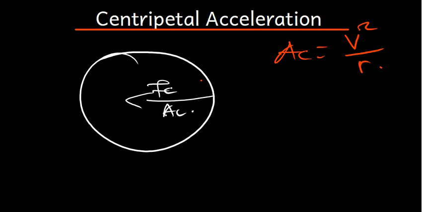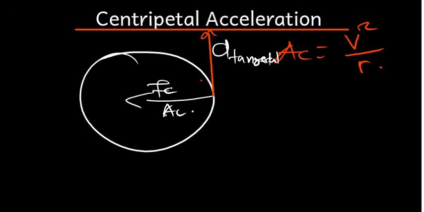So in this case, when an object is moving around the circle, we have got two accelerations: the tangential acceleration and the centripetal acceleration. Tangential acceleration is acceleration in a straight line, so it's going to be there.